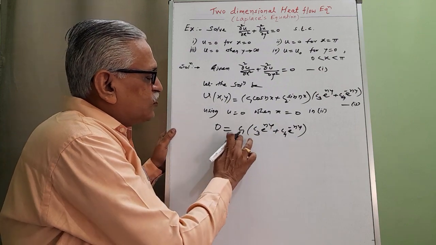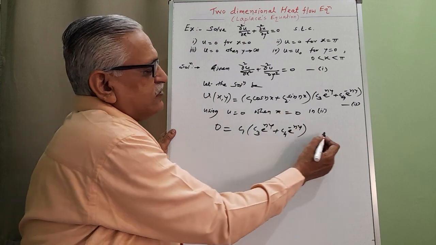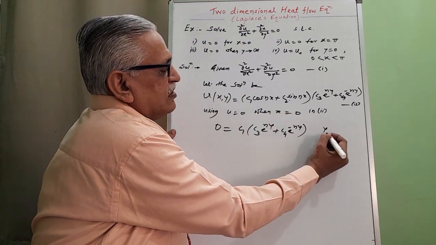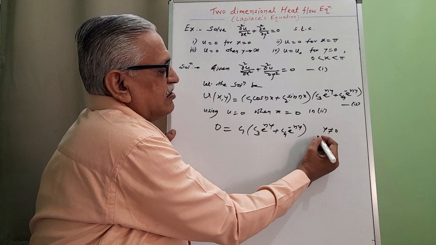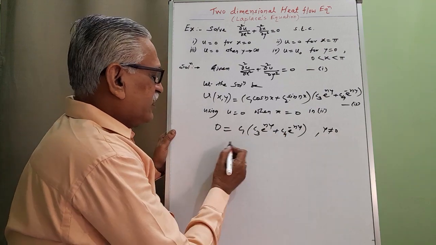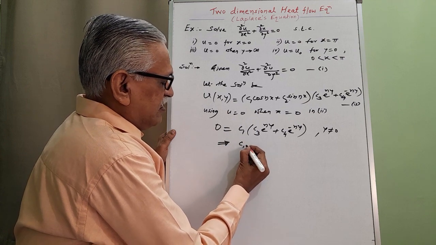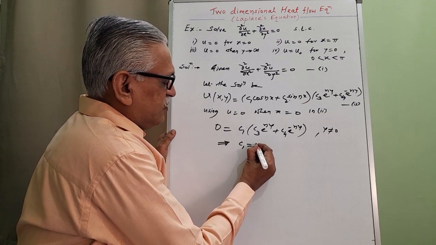Here the product of two terms is equal to 0. When x is 0, y is not equal to 0. And when y is not equal to 0, this term should not be 0. It implies the remaining term must be 0, that is c1 must be 0.